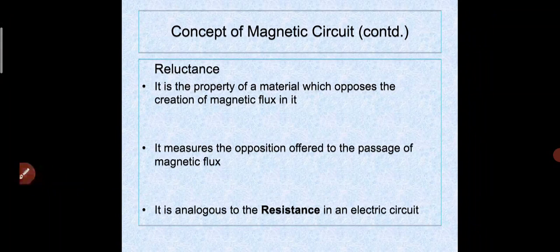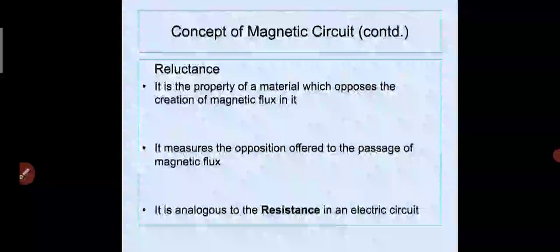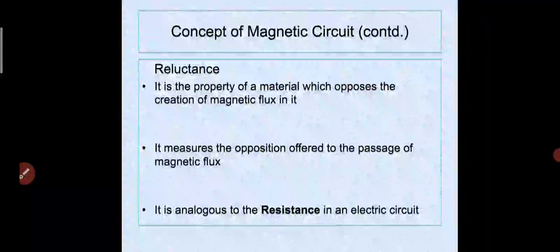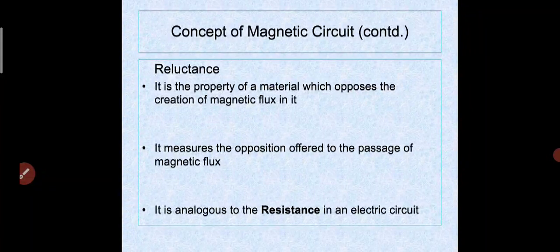So next topic is reluctance. It is the property of a material which opposes the creation of magnetic flux in it.